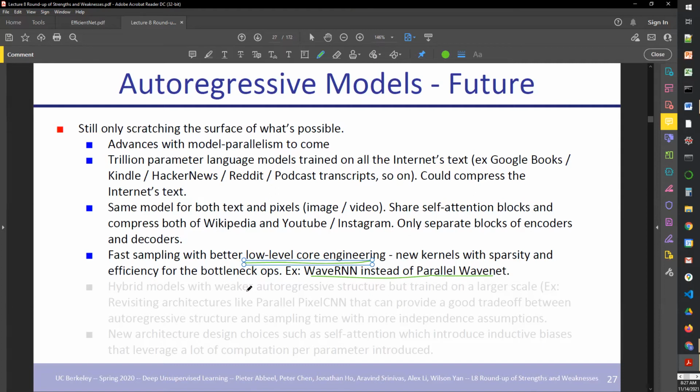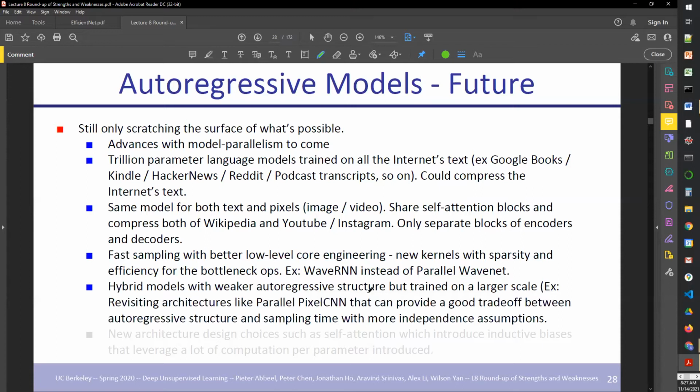And then you can release or make some of the autoregressive structure less constrained, like we begin to see when we talked about PixelCNN and so on and so forth, but train on a much larger scale.